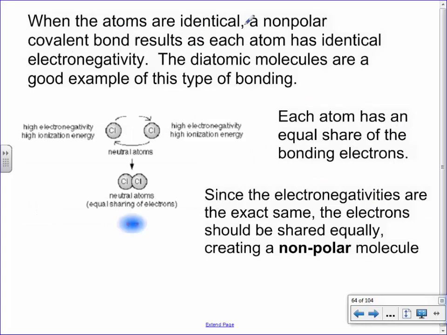It is possible, though, to have non-polar bonds. How do you have a non-polar bond? Well, what about something like chlorine, Cl2? What happens if chlorine is engaged in a fight with another chlorine? Who wins? Nobody. This is like an eternal battle against your identical twin.